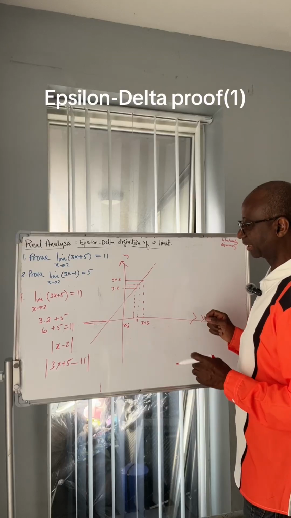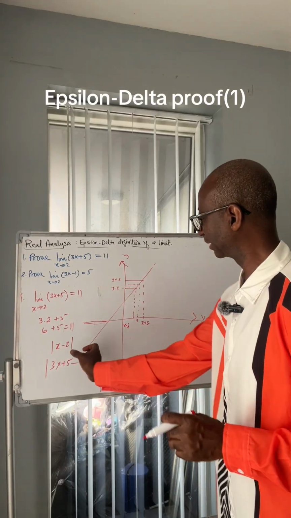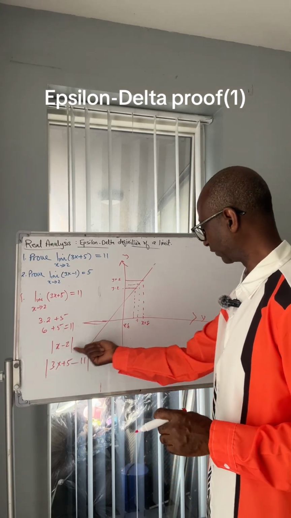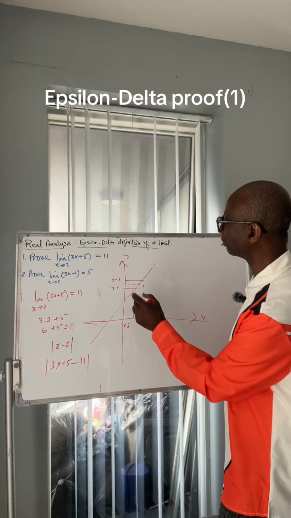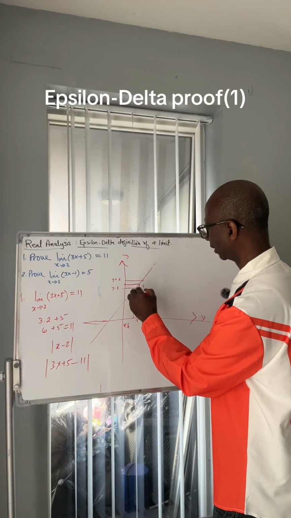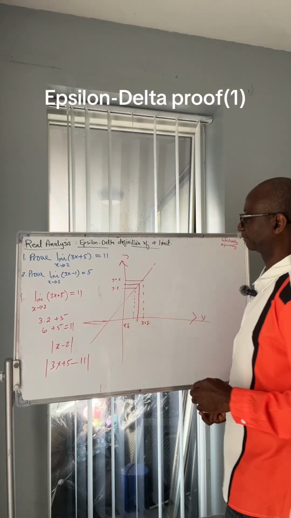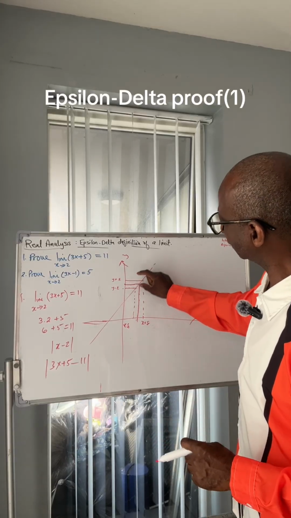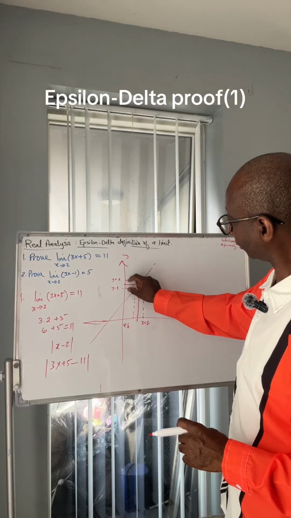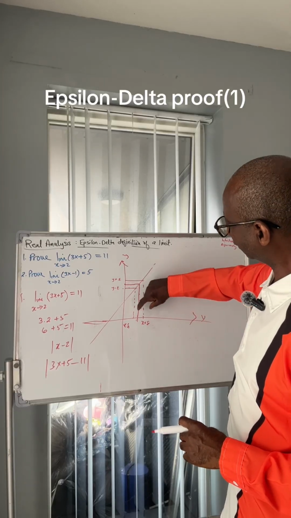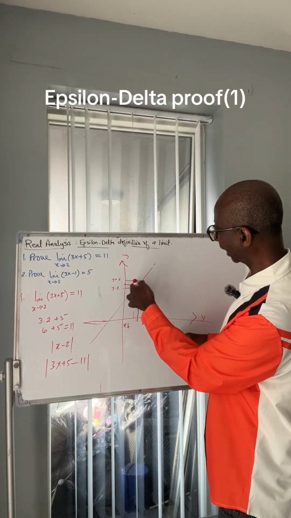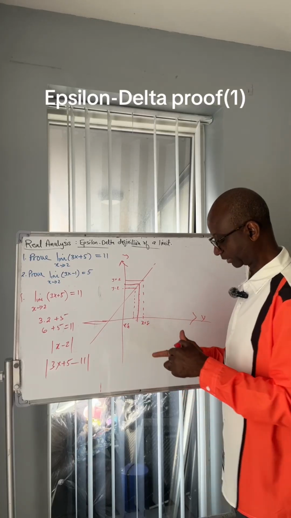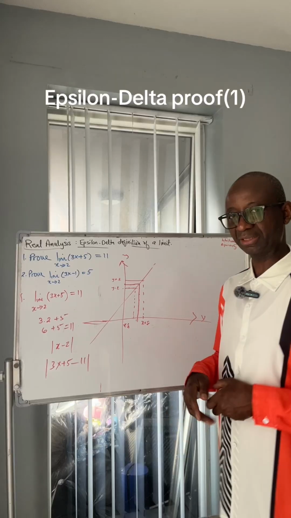No matter how small you make the absolute value of x minus 2 around your limit, you can always find a value such that the function is always within your tolerance. That is what this is saying.